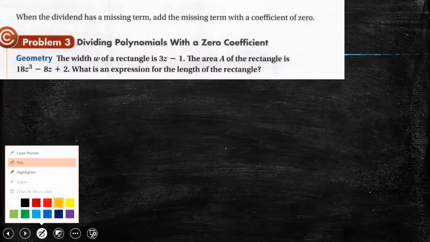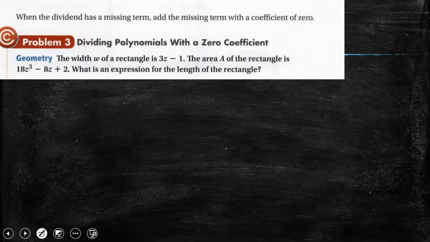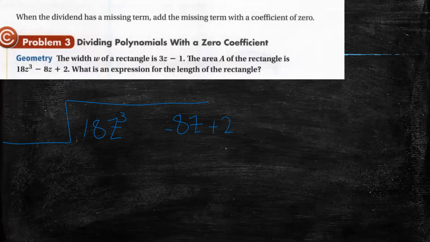What do you have to do? You have to divide the area by the width.